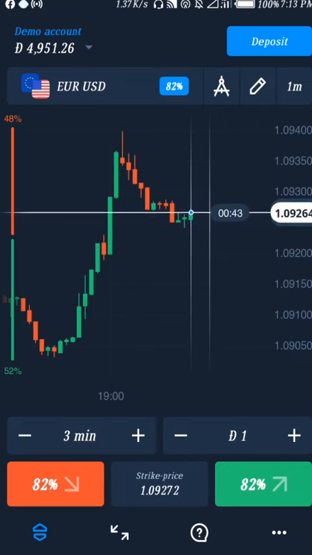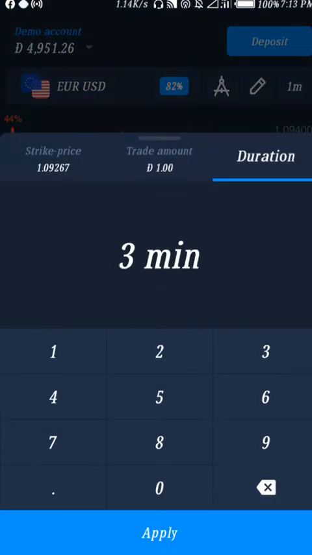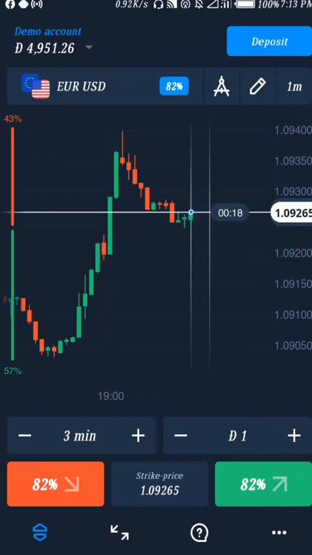I'll show you when I use 2 minutes to trade and also 3 minutes to trade as we go on. This represents the time duration you want the trade to run for before it expires. I usually choose between 2 and 3 minutes.